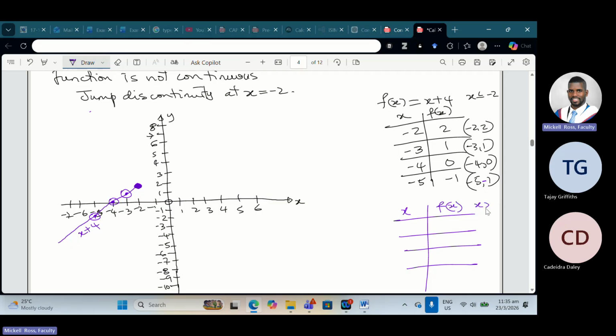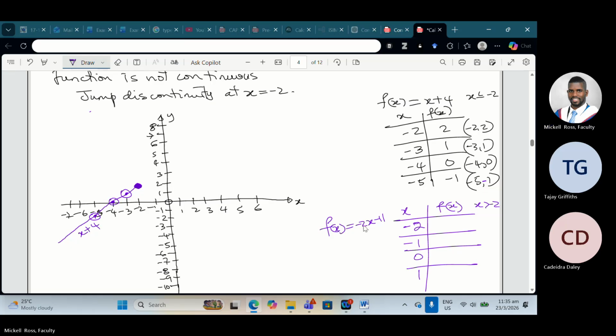This is now when x is greater than negative 2, for the function f of x equal to negative 2x minus 11. So negative 2, negative 1, 0, 1. We may not be able to use all of them, but let us see.